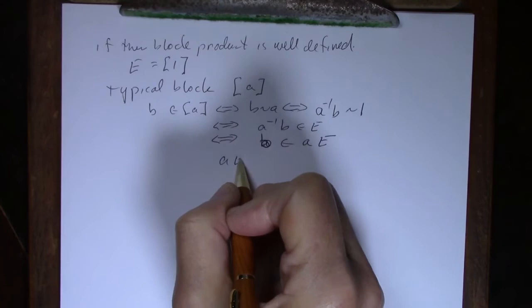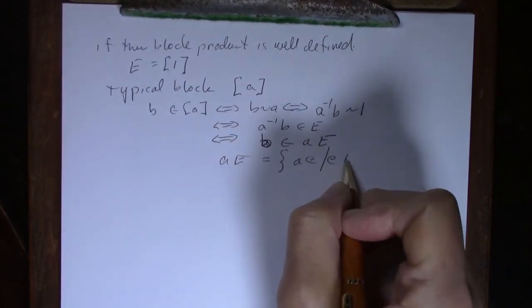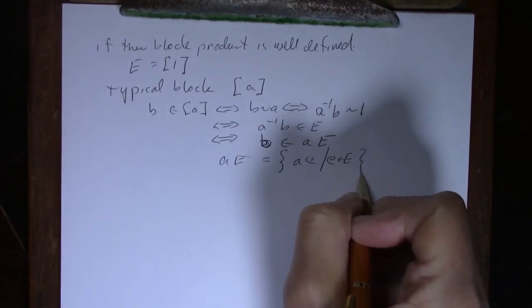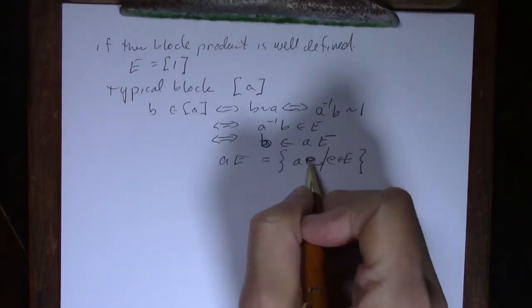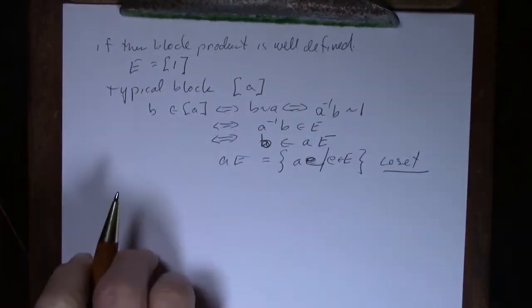AE, of course, is the set of all A little e, e in capital E, and that, as you well know, is called a coset. Okay?